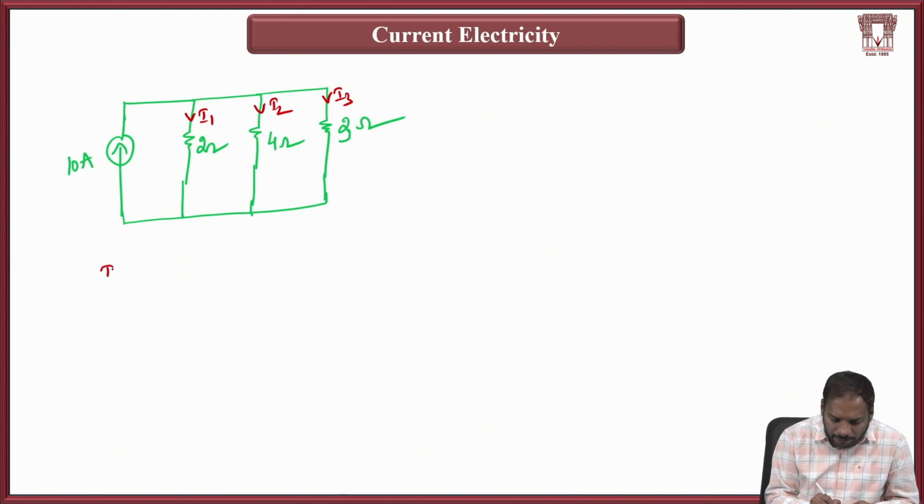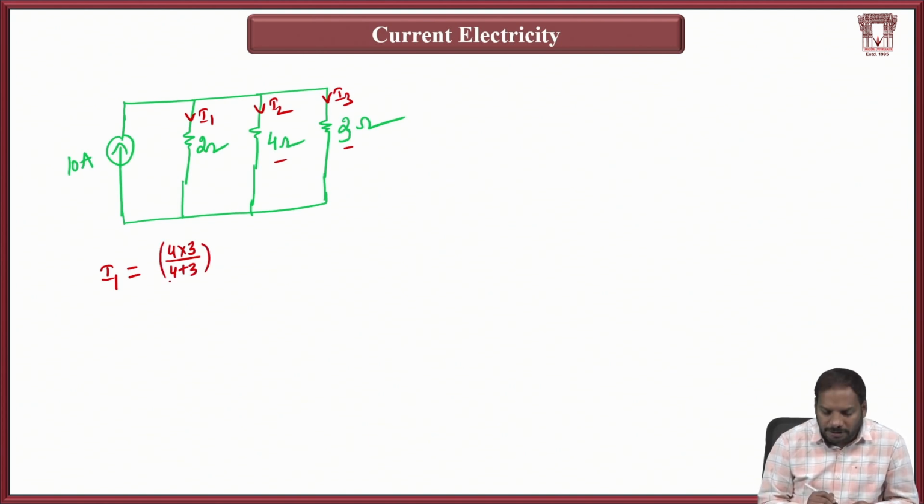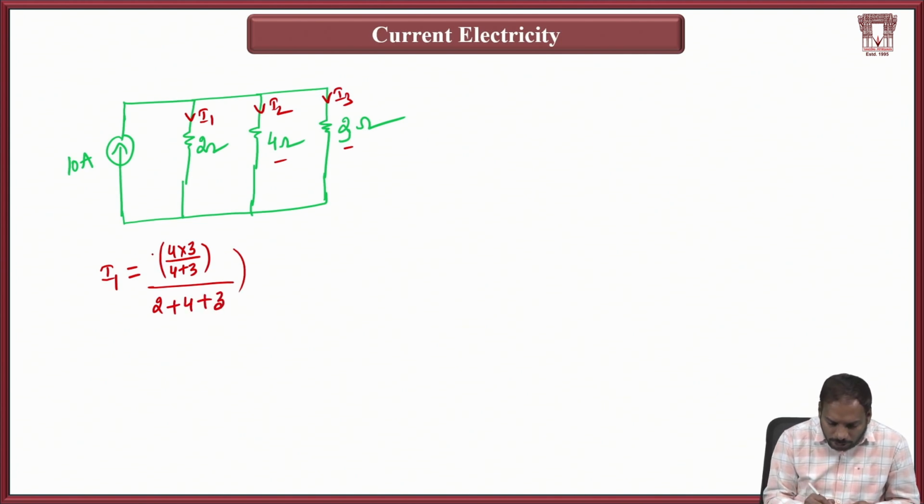So how will you calculate the value of I1? I1 is nothing but the opposite resistance. Opposite means the combination of both 4 and 3. So what is the net combination? 4 into 3 divided by 4 plus 3. This is the opposite resistance, because the two are in parallel. So 12 by 7, whole divided by the total resistance 2 plus 4 plus 3, into the total entering current, that is 10 amperes.